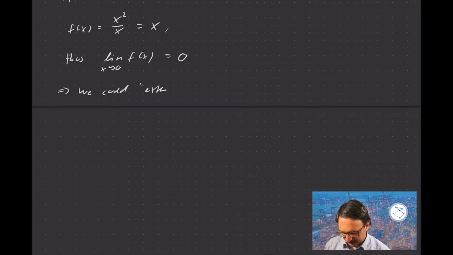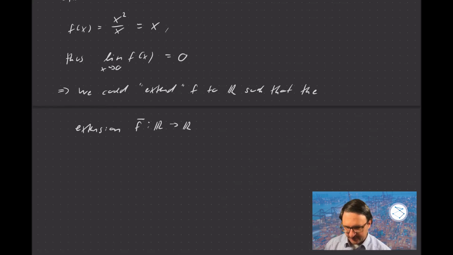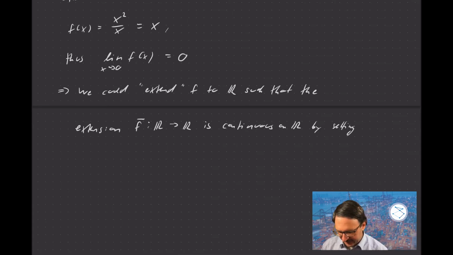We could extend f to R, so that R is the domain of the function, such that the extension, we'd call that f bar, is then a function from R to R, is continuous on R, by setting f bar of x equal to x.